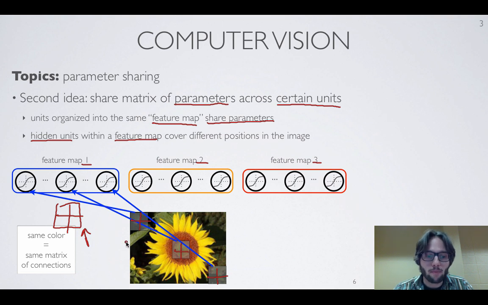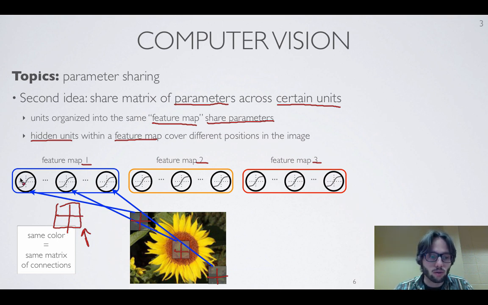Also within a feature map, we'll assume that we have a receptive field at each possible position within the image. There are extensions of convolutional neural networks that consider skipping certain receptive fields, but to simplify the description, always assume we're connecting a feature map to all possible receptive fields within the image. When computing the pre-activation of all hidden units within this feature map, we use the same set of parameters.